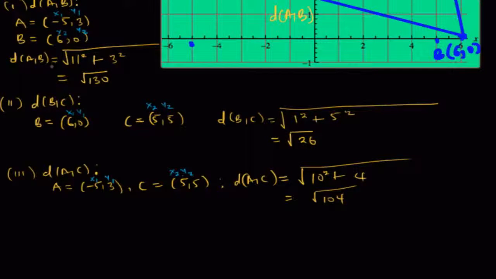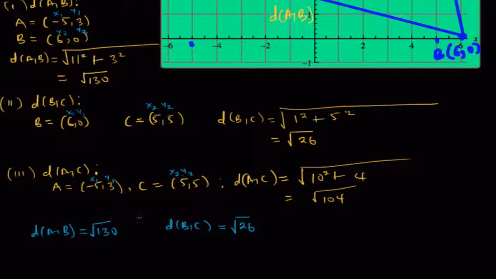I know that the distance between A and B is the root of 130. The distance between B and C, which is what we got here, is the root of 26.